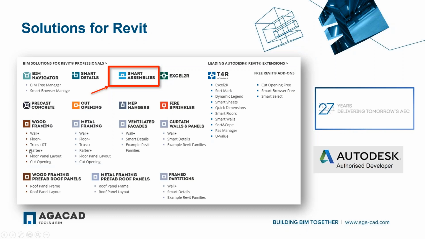Then we have solutions for wood framing and metal framing, which cover modeling, documentation and export to CNC machines. And then we have some small tools, like to import Excel sheets into Revit and so on. But today I will talk about Smart Assemblies. This tool is for shop drawings, for making automatic dimensions and then shop drawings of your elements.